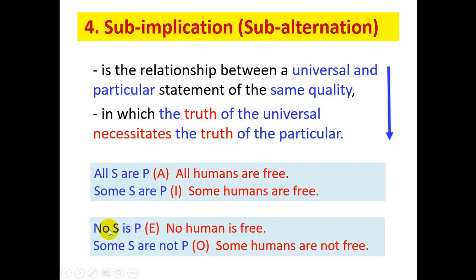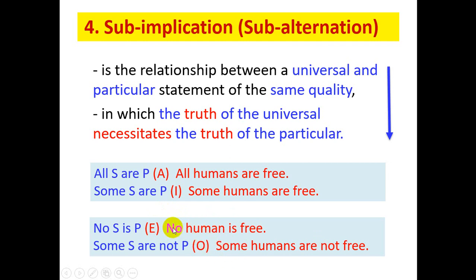Let's have another example. When we say no S are P, something like no human is free, and some S are not P, some humans are not free. What about these two statements? This one is universal because we use the word no, and this one is particular because we use the word some.